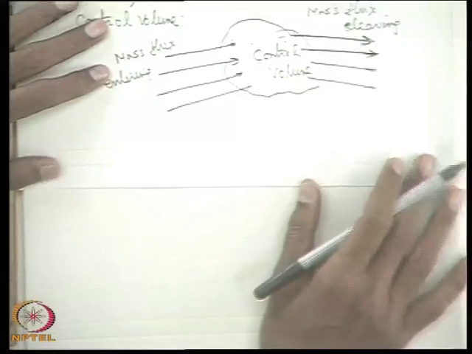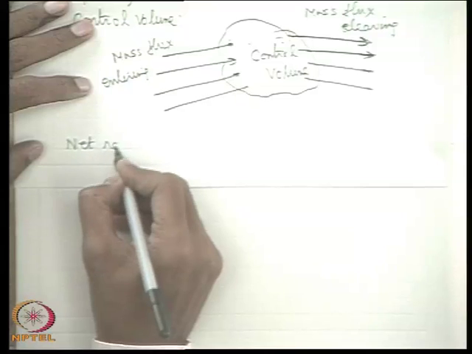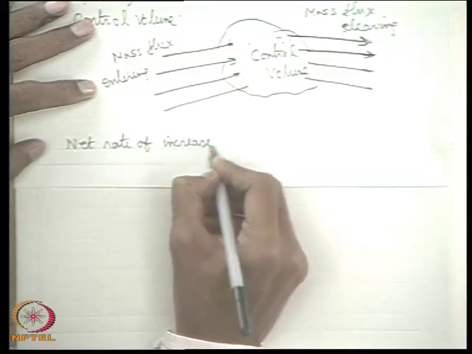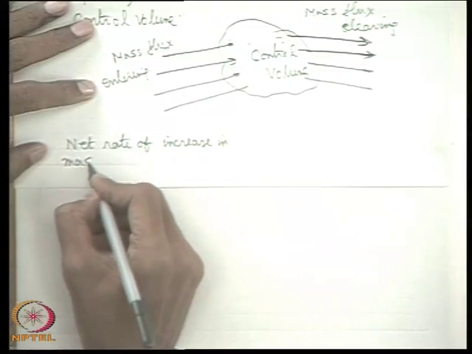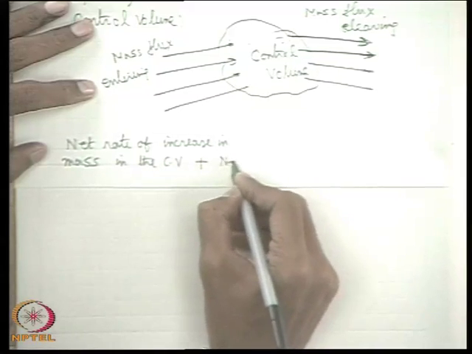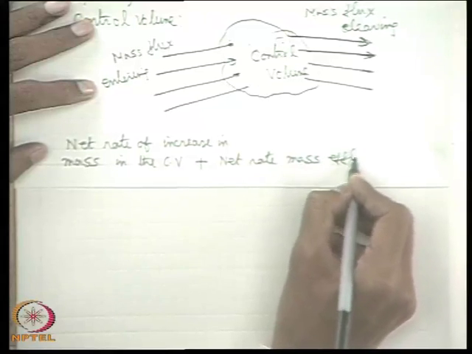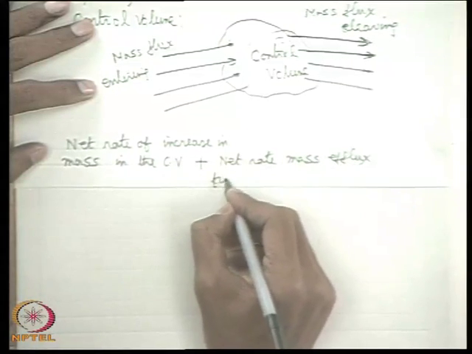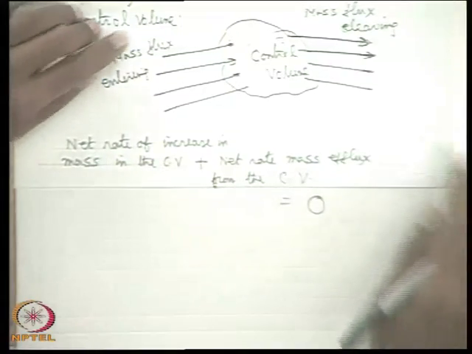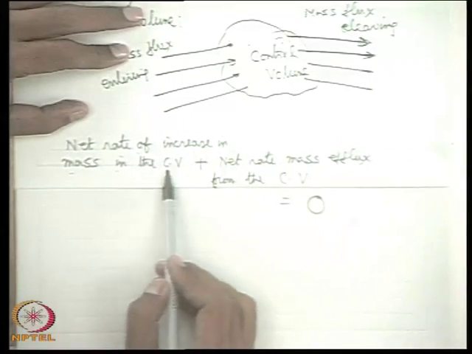So the most generalized statement relating to that is: the net rate of increase in mass in the control volume plus the net rate of mass efflux from the control volume is equal to 0. It comes from basic intuition.